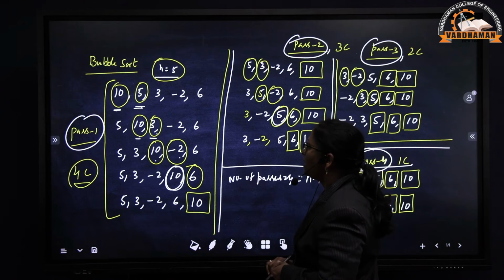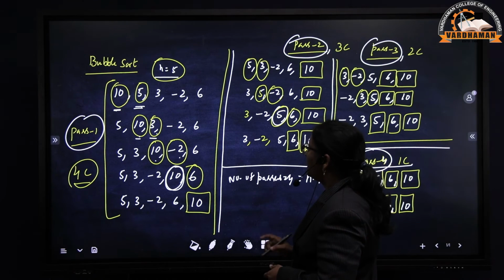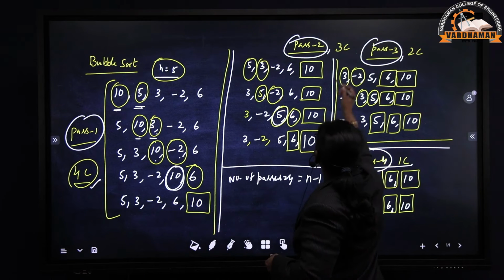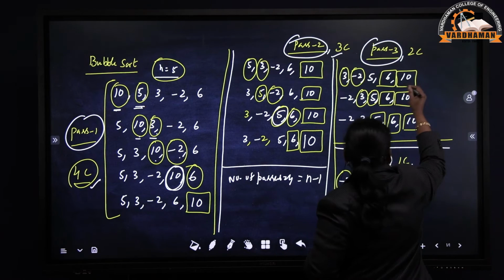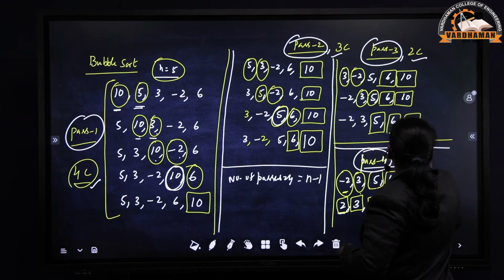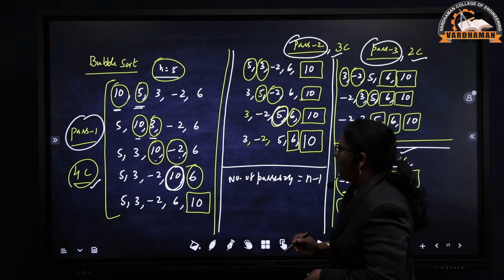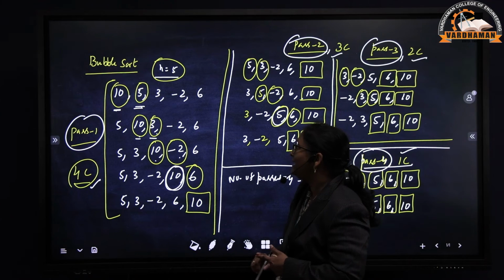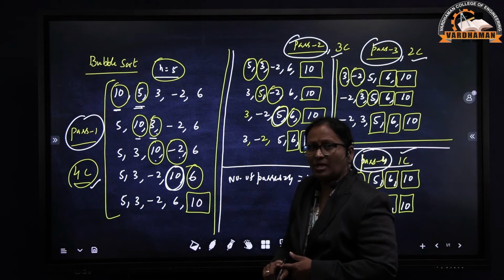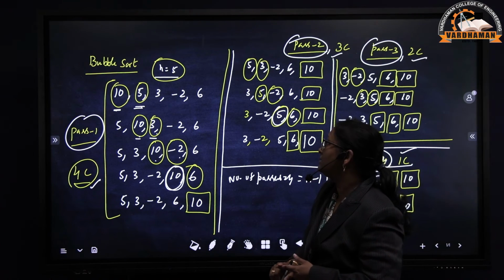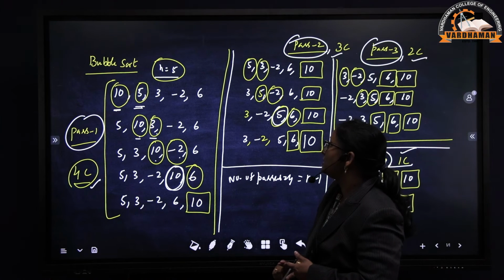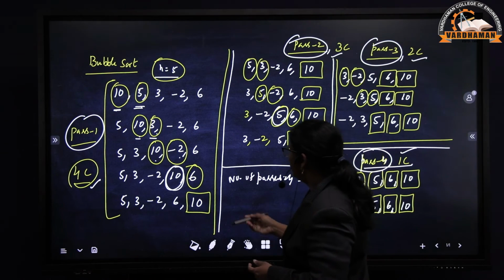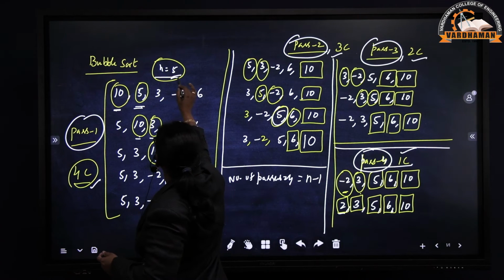In each pass, how many comparisons did we do? In pass 1, 4 comparisons; pass 2, 3 comparisons; pass 3, 2 comparisons; pass 4, 1 comparison. If I have to express the number of comparisons in terms of n and the pass number: here the number of elements is 5.